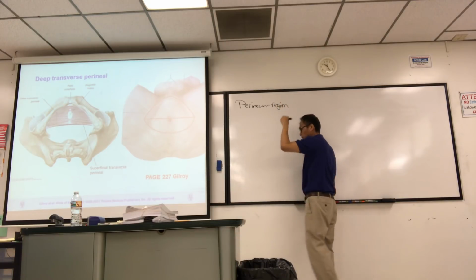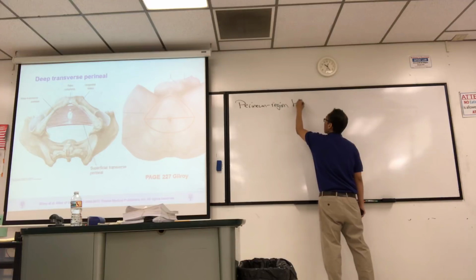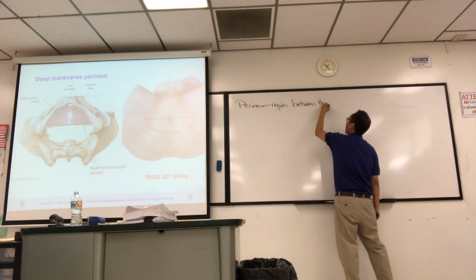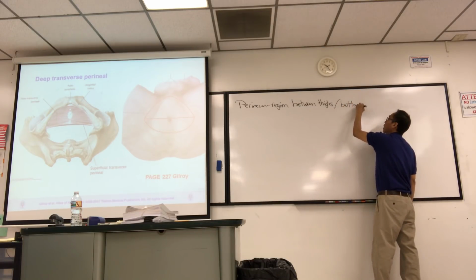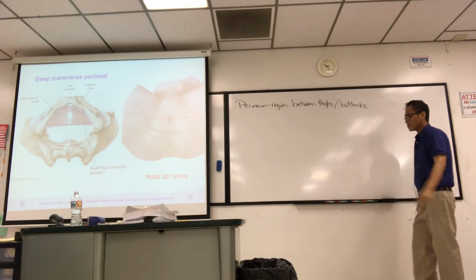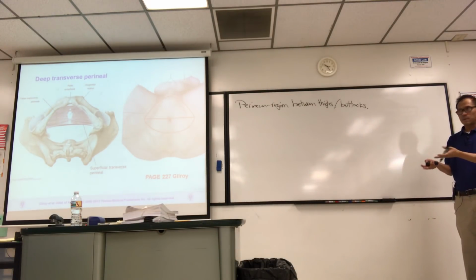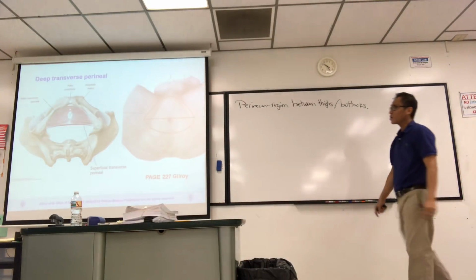Perineum is the region between thigh and buttocks. Those small bicycle seats kind of fit in the perineal region. You kind of trace it out here.